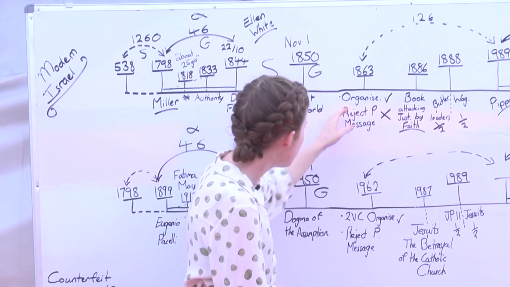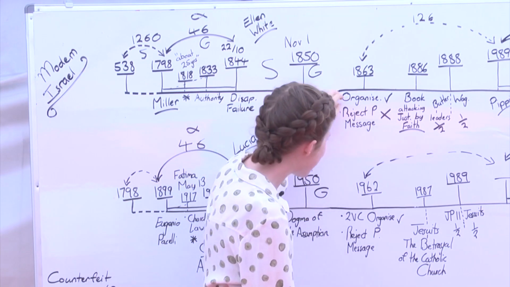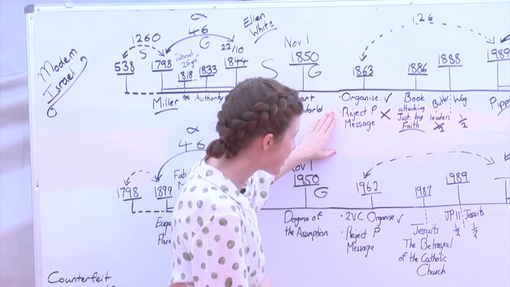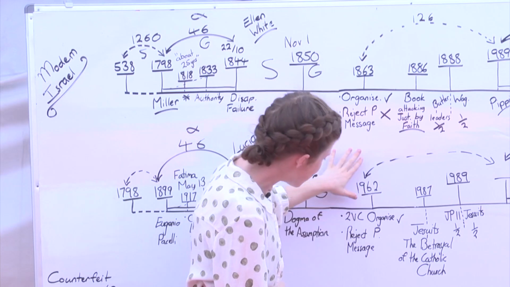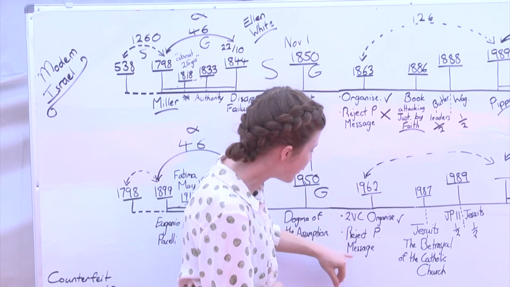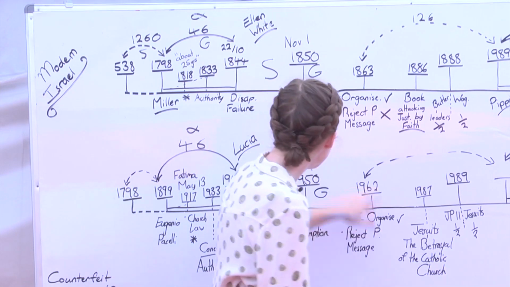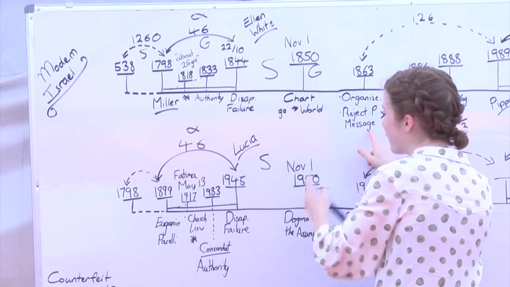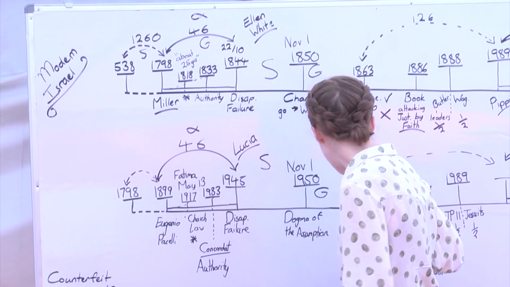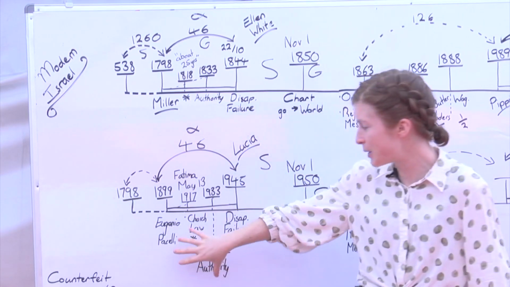It doesn't happen. 1863, organisation, a good work, but a rejection of the prophetic message and a scattering. 1962, the Second Vatican Council, a good work, but rejection of the prophetic message. Rejecting the 2520, the prophetic message that opened up in this history, and they rejected the message of Fatima that opened up in this history.